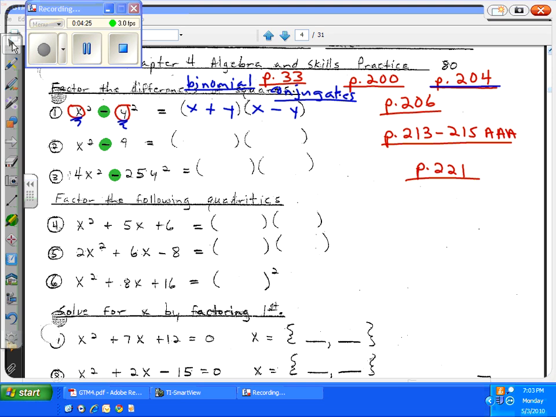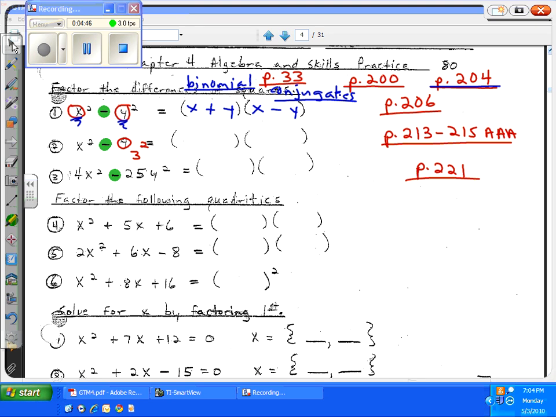The result of multiplying binomial conjugates is the difference between two squares. Therefore, if we see the difference between two squares, we can factor that into the binomial conjugates. We should be able to see the 9 right here as 3 squared.